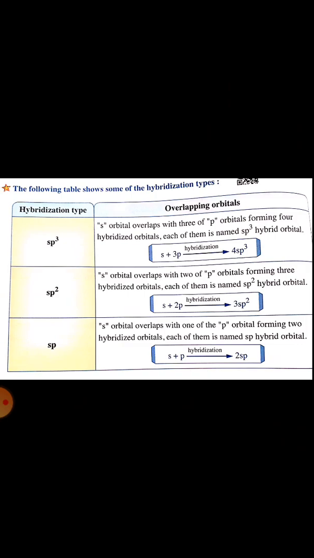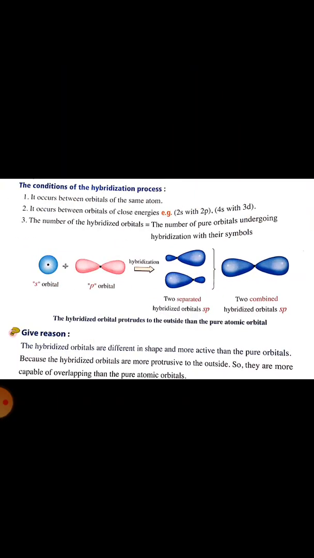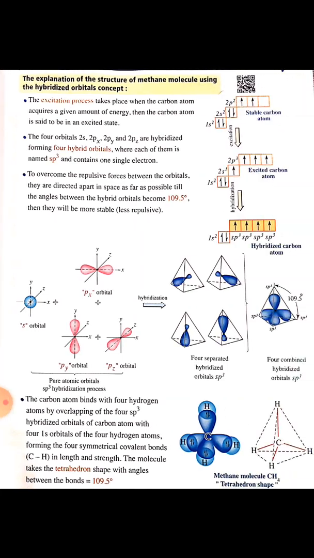In addition, you have to know that the hybridized orbitals are more protruding than the pure orbitals. So the bond that arises between hybridized orbitals is going to be stronger than that between pure orbitals. Let's continue.